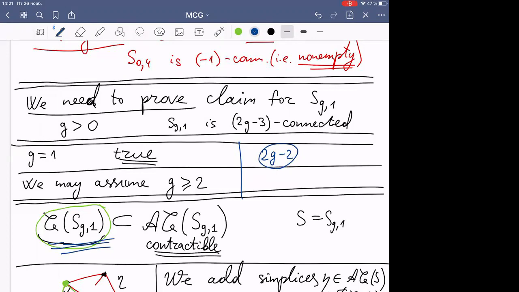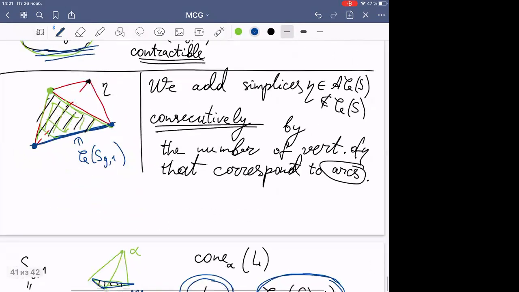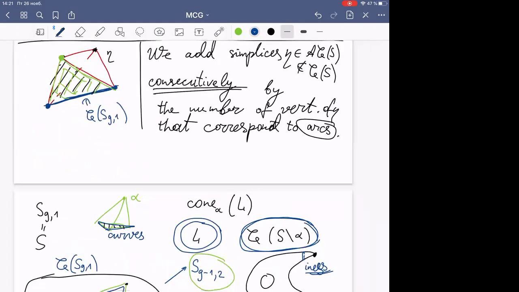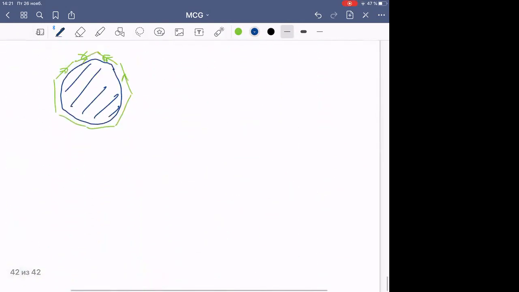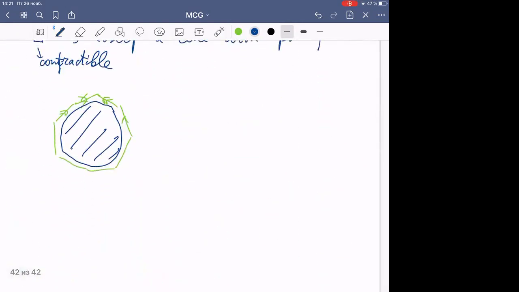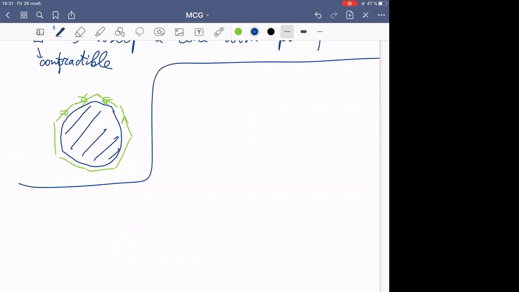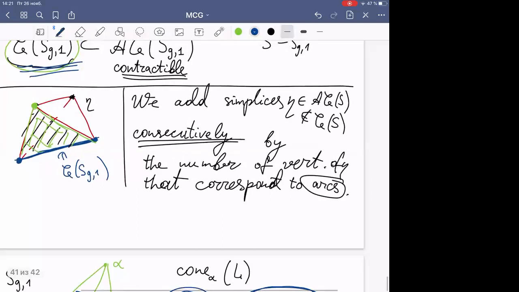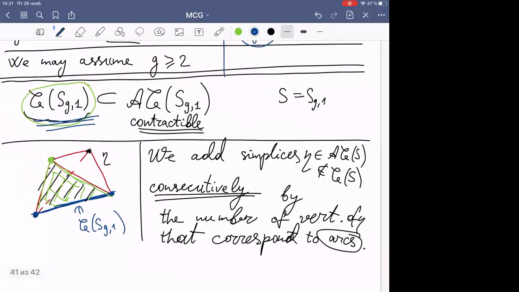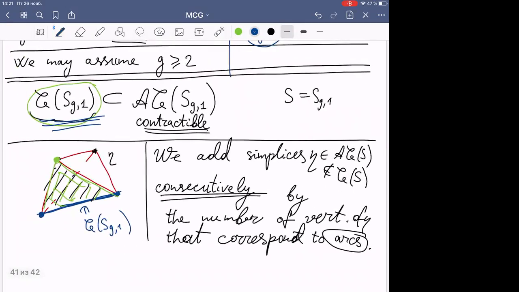I have no time to finish, I'm sorry. I was late with the beginning of the lecture and I have no time to finish it now. So next time we quickly finish this and then we proceed.